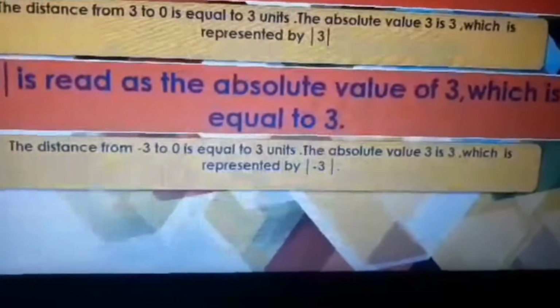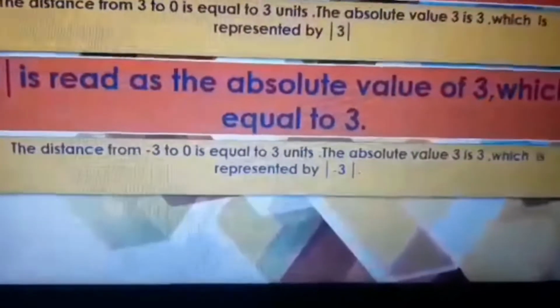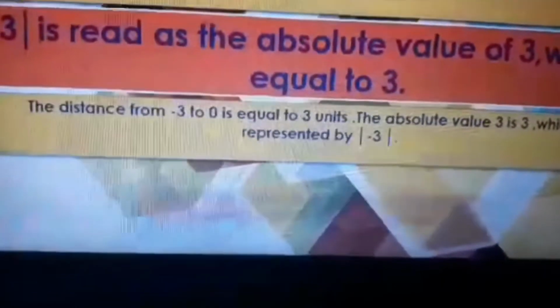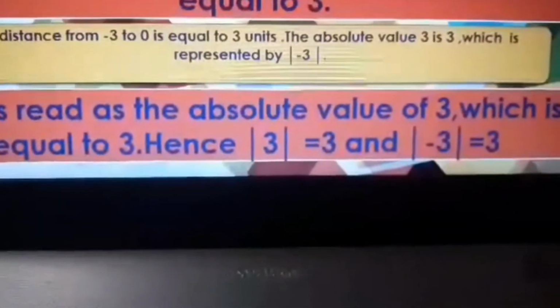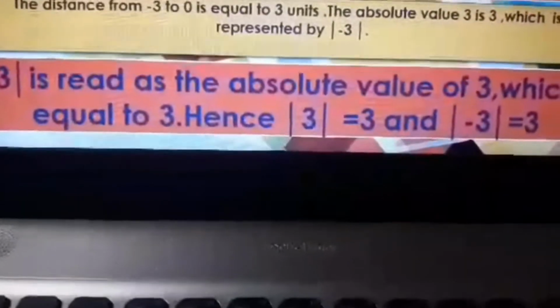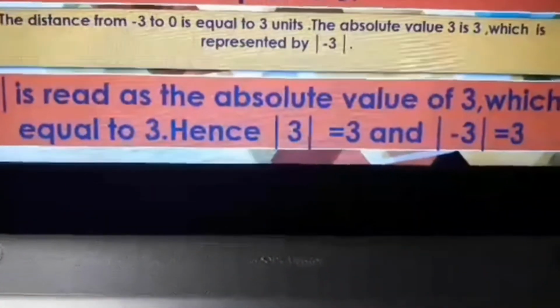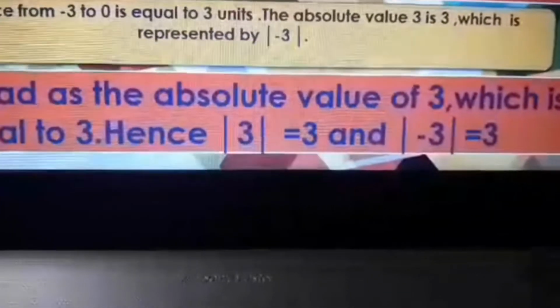This is represented by the absolute value of negative 3, which is read as the absolute value of negative 3, equal to 3. Hence, the absolute value of 3 is equal to 3, and the absolute value of negative 3 is equal to 3.